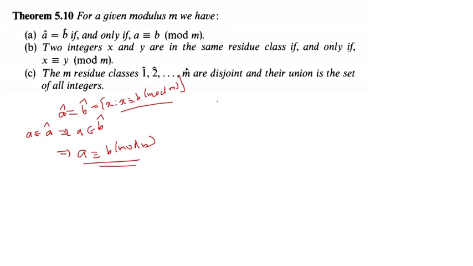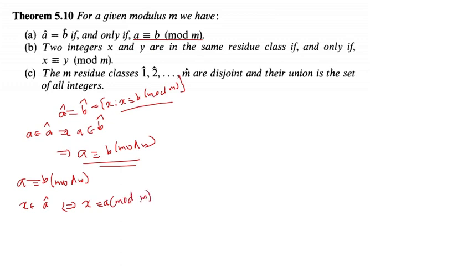Conversely, we assume that A is congruent to B mod M. We have to prove that A cap equals B cap. We take an element from A cap. Let x belong to A cap. x belongs to A cap if and only if x is congruent to A mod M, which is an if and only if statement.